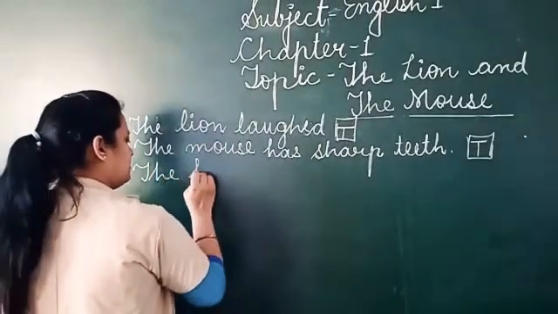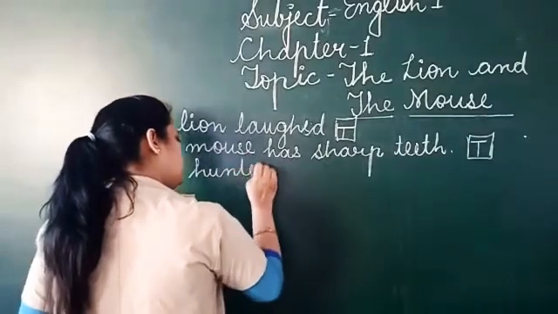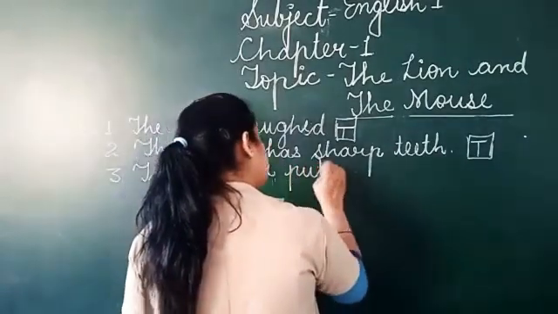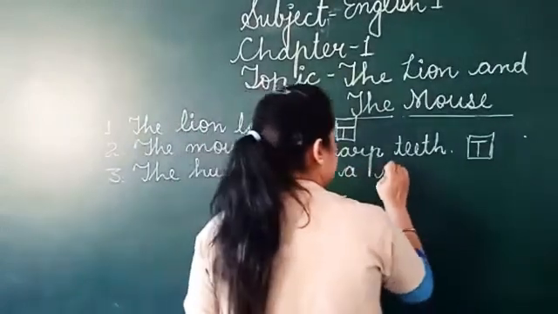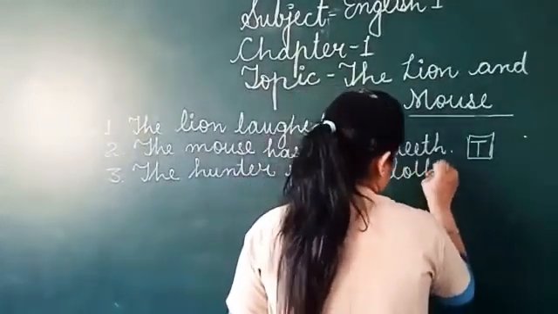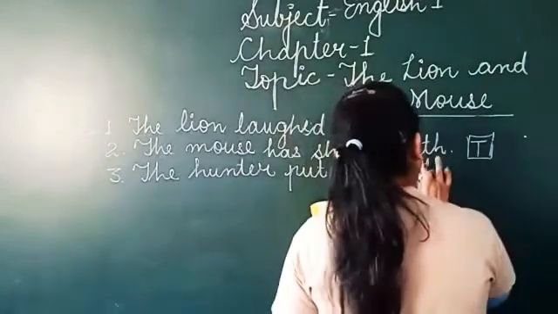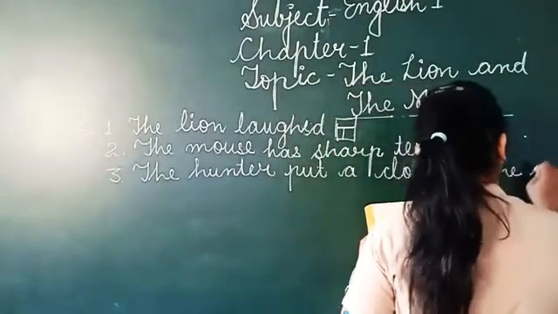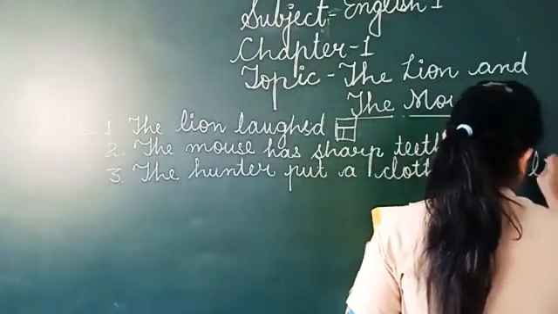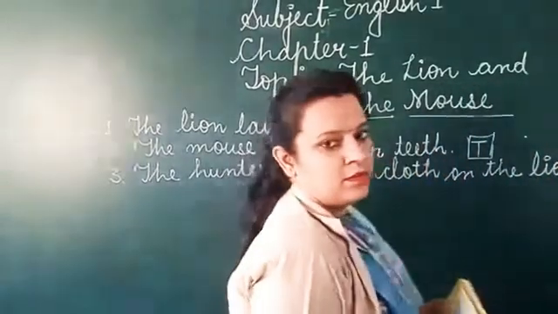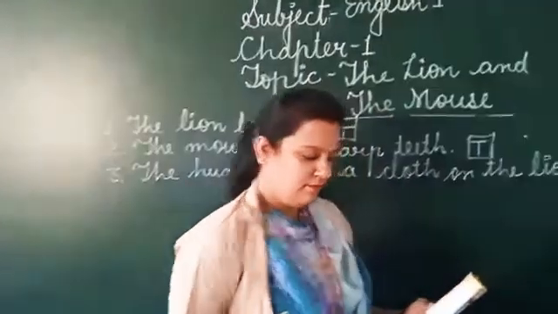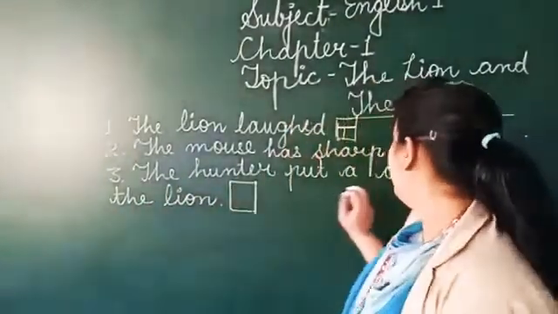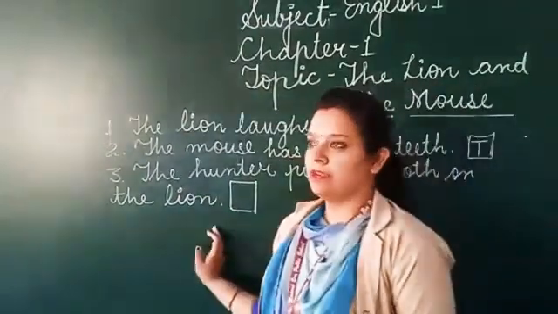the hunter put a cloth on the lion. So our third statement is, the hunter put a cloth on the lion.